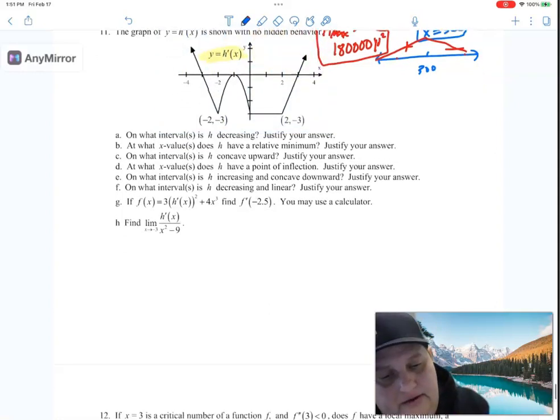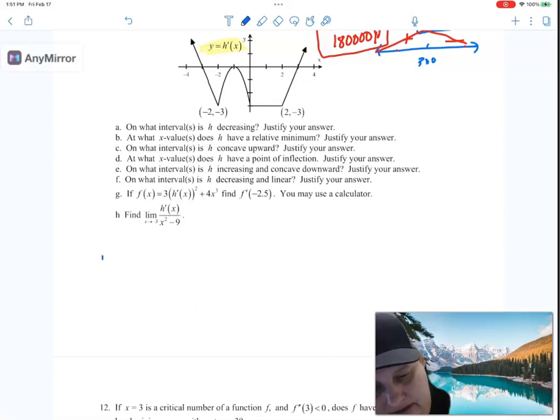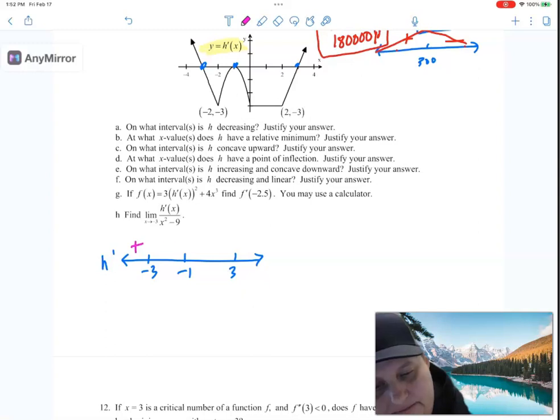Let's make my sign line graphs, because I really don't like to do anything without my sign line graph. So my first derivative sign line graph: h prime hits 0 at -3, -1, and 3. When I plug it in, that's above the axis, below the axis, it still stays below the axis, above the axis.